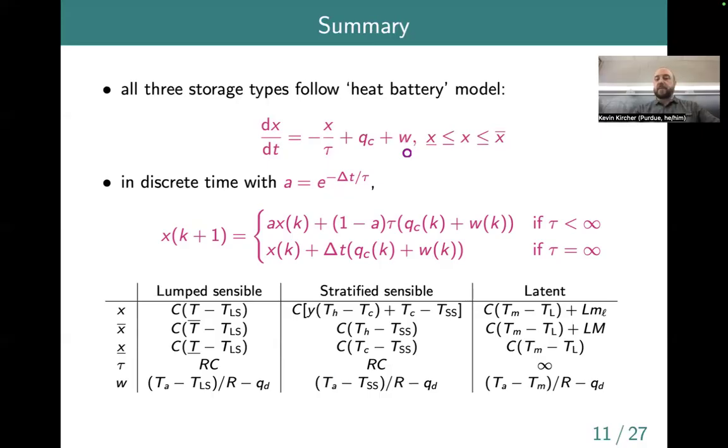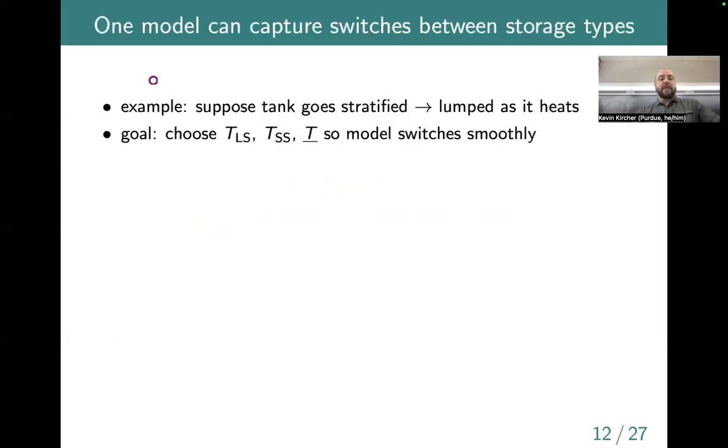I'm going super slow, so I'm going to try to speed up a little bit. I think I might just skip this, but the big idea is that because we have a lot of flexibility in these models, in particular our choice of the zero point temperature, the datum of temperature, we can make clever choices so that one model, this first order linear model, can actually represent smooth switches between different storage physics.